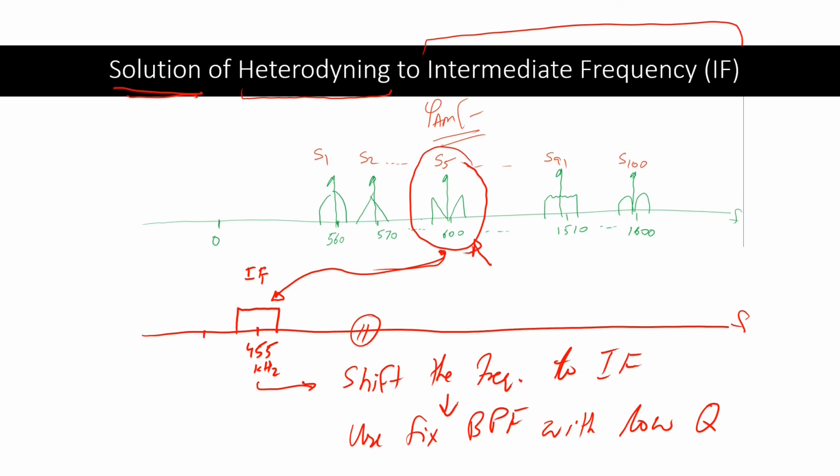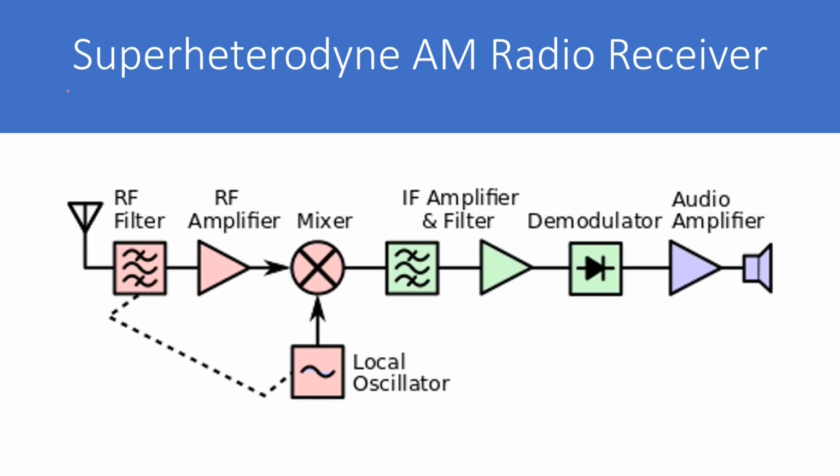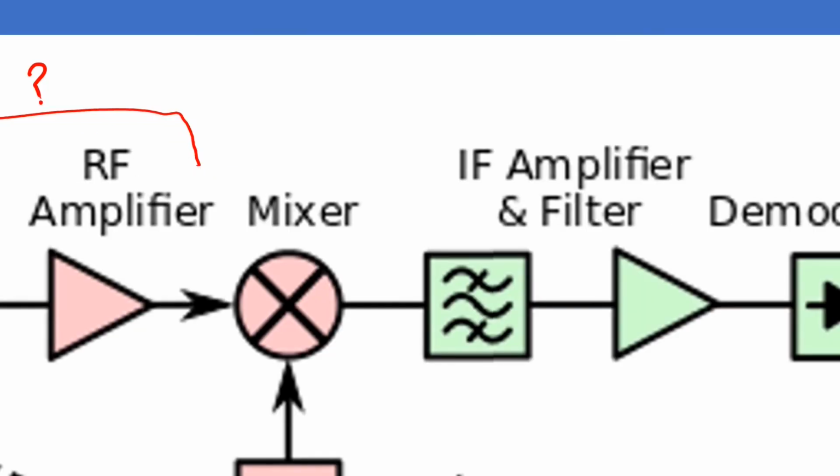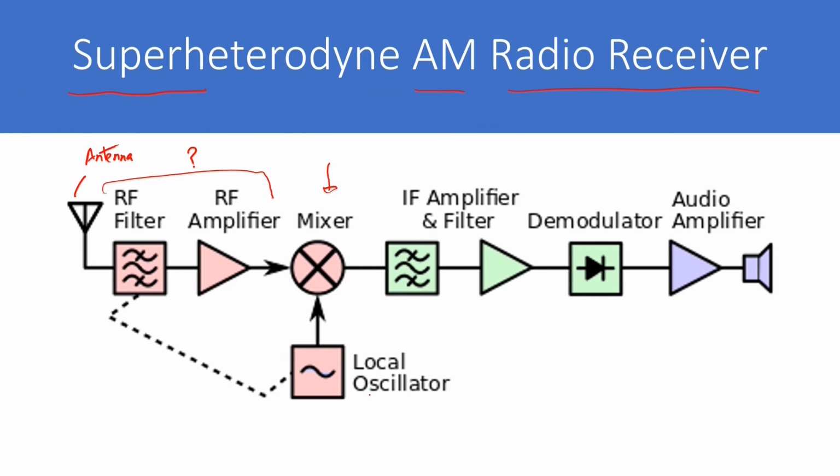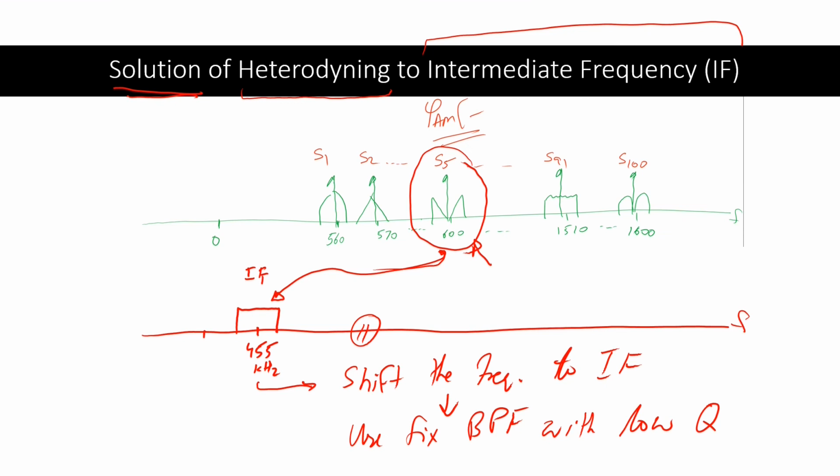Now this brings us to the superheterodyne AM radio receiver. Over here we have an antenna. These two blocks are basically the RF band pass filter and RF amplifier. We'll hold this discussion for the time being and move on towards this mixer. The mixer uses a local oscillator which does the heterodyning and shifting to intermediate frequency.